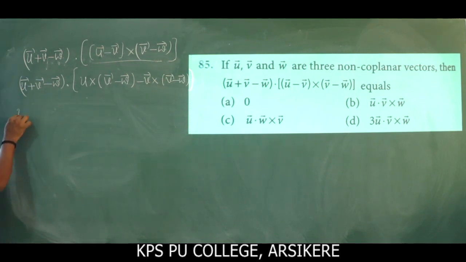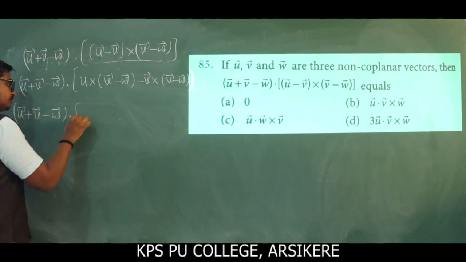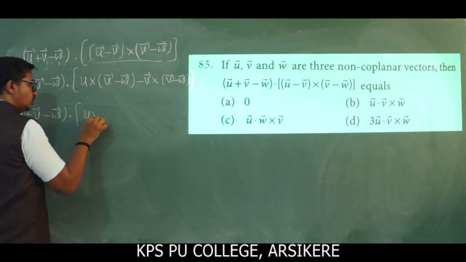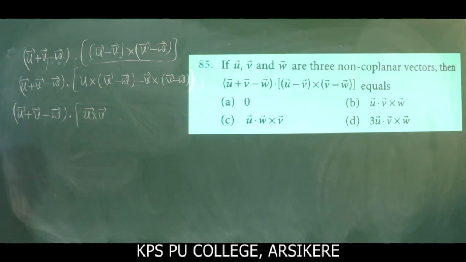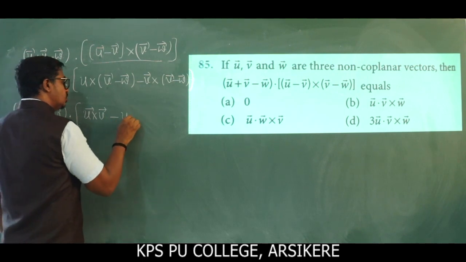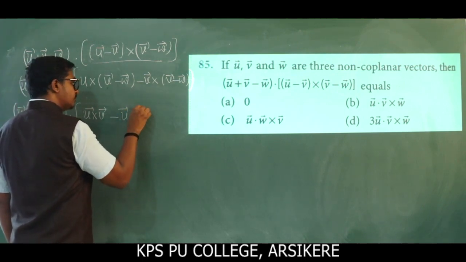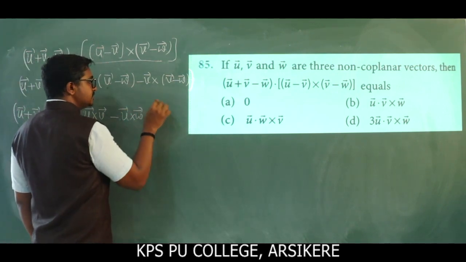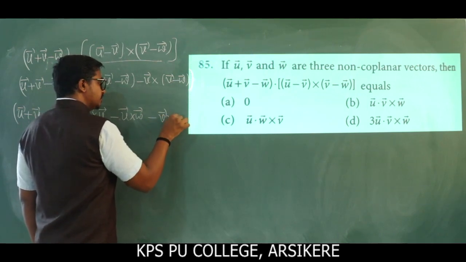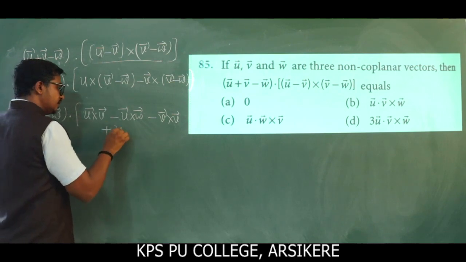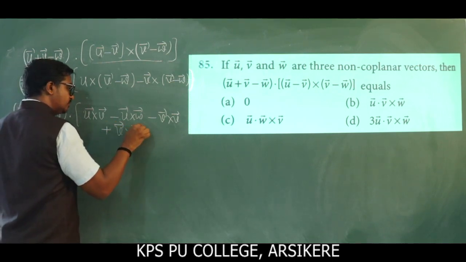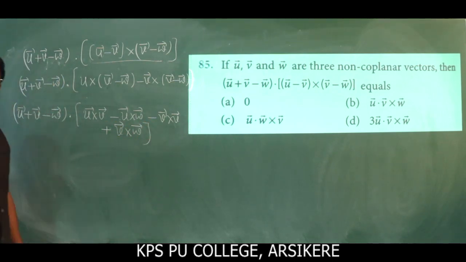Next step is simplification. This is u plus v minus w dot, which can be written using the distributive property as u cross v minus u cross w, minus v cross v, and minus into minus becomes plus, so we get v cross w.